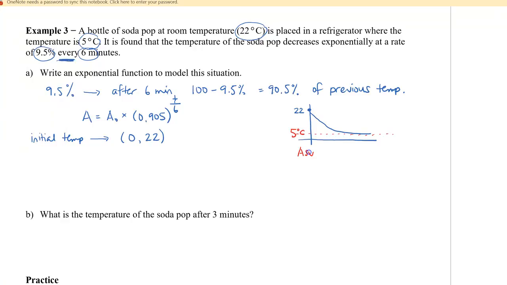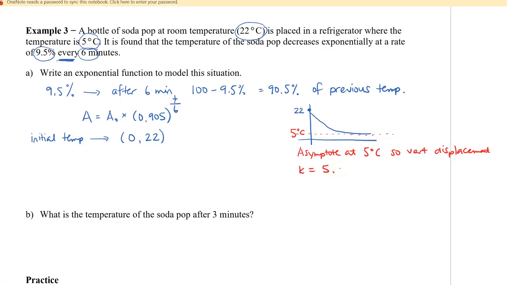Asymptote at 5 degrees Celsius. So that means that the vertical displacement, K, is equal to 5.